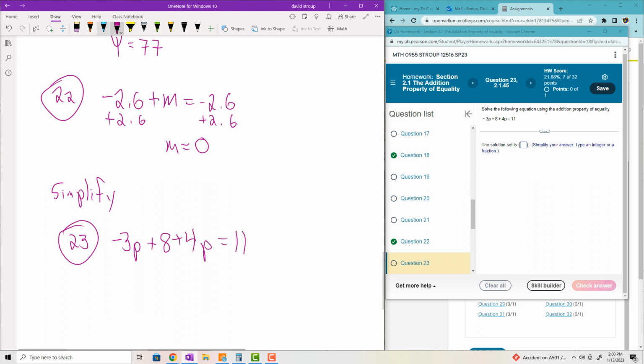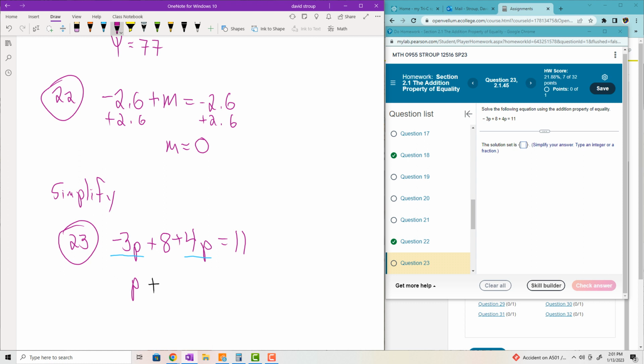So on the left, we have like terms, the negative 3p and then the 4p. So you got negative 3 apples plus 4 apples. I guess you have 4 apples and you're taking away 3 of them. So you end up with 1 apple p, 1p, but we just write p, not 1p. 1p looks a little funny, so we put just p.